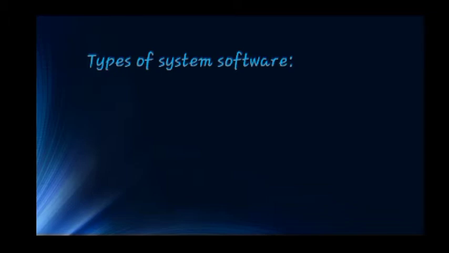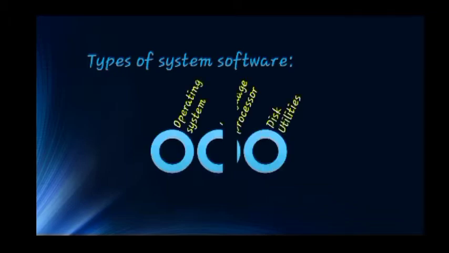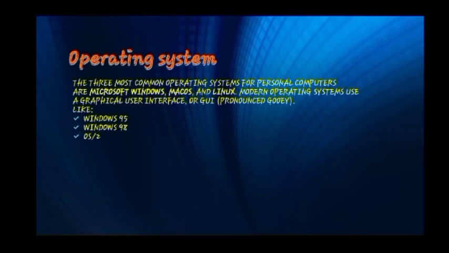Types of system software: there are three main types of system software: operating system, one; second, language processor; third, disk utilities. First, operating system. The three most common operating systems for personal computers are Microsoft Windows, Mac, and Linux.